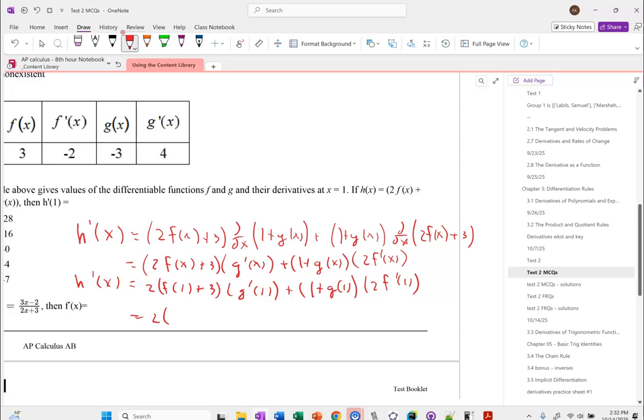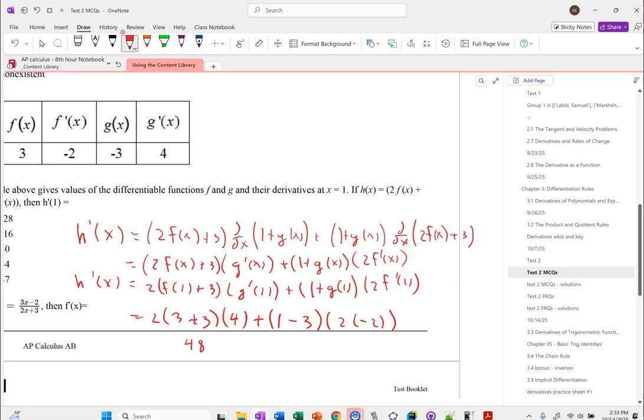So f of 1 was 3. g prime of 1 is 4. g of 1 is negative 3. And then f prime of 1 is negative 2. So I have 6 times 4 times 2 is 48 or something.